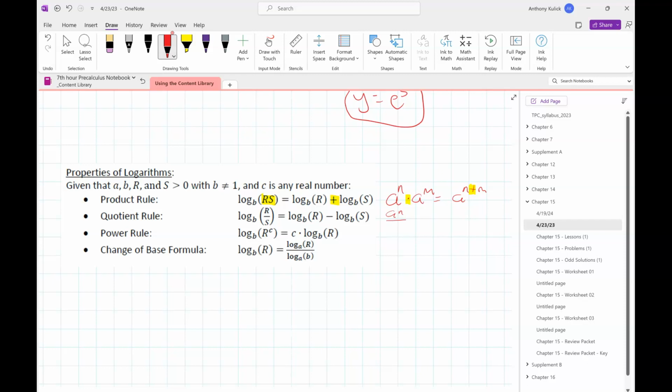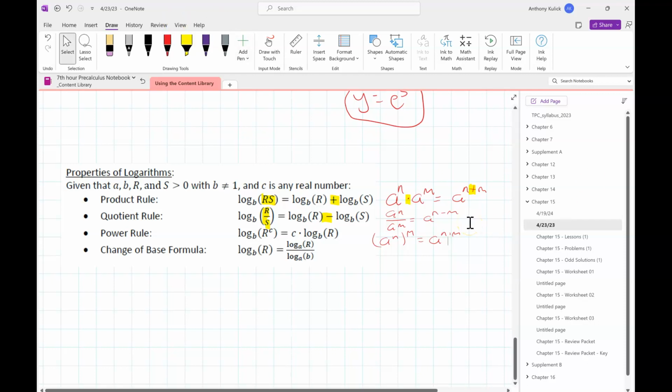I know for exponentials, if I have a to the n divided by a to the m, that's the same thing as a to the n minus m. So division between the two exponentials turns into subtraction inside the exponent. The opposite is true: division inside turns into subtraction outside, and we can kind of continue doing this. This power property is like the power of a power property for exponentials, and this kind of continues on.